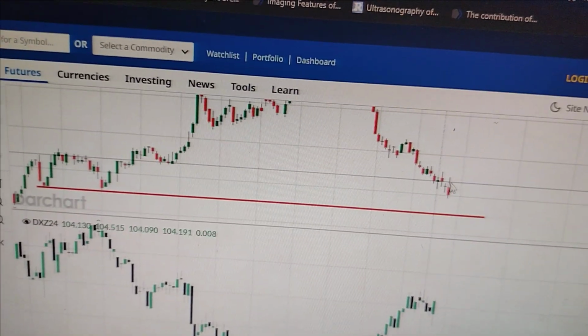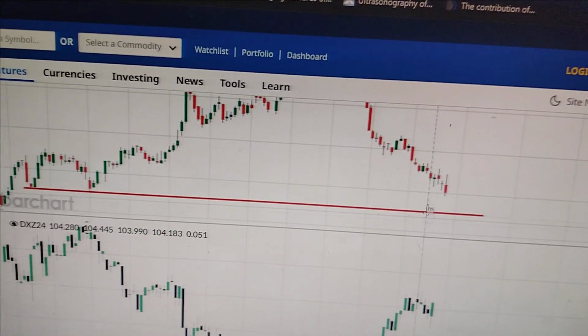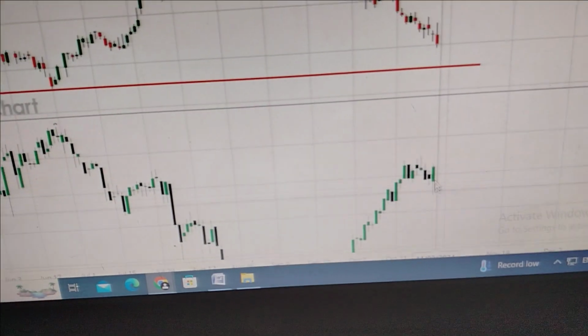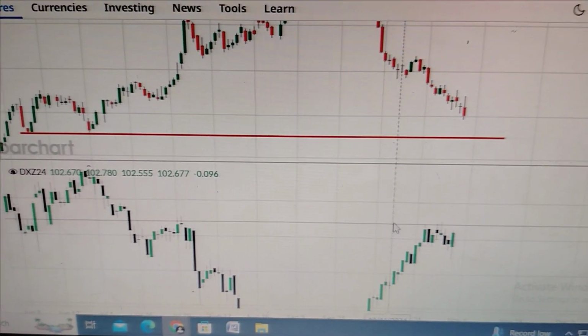So which means we are currently going down on the treasury note, and we are currently going up on the US dollar index.